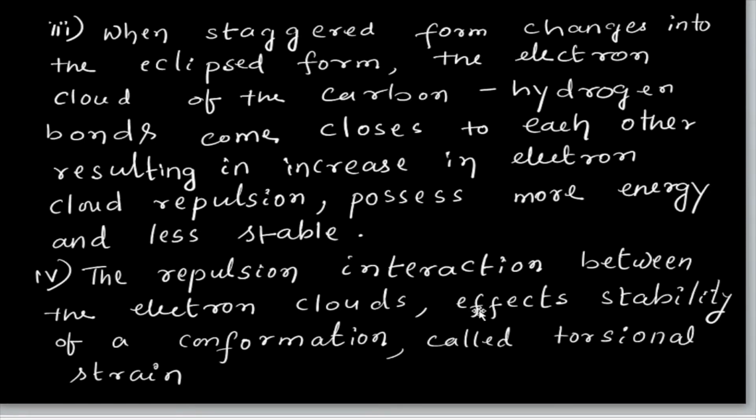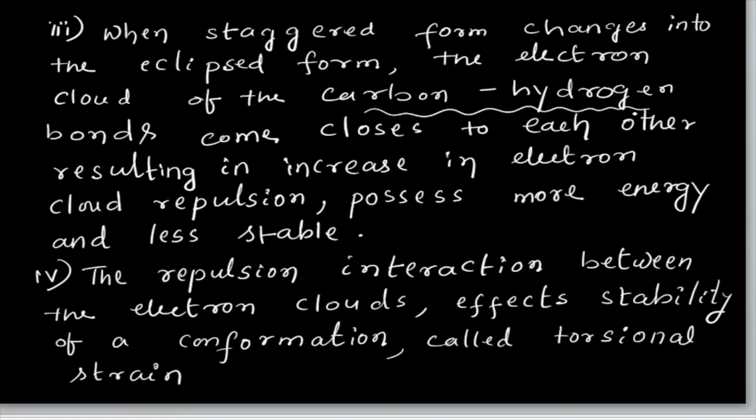Now, staggered form can also change to eclipsed form, so what happens here? In eclipsed form, the hydrogen and carbon are close to each other. That means the electron clouds of the carbon-hydrogen bonds are close to each other. If close, then what happens?